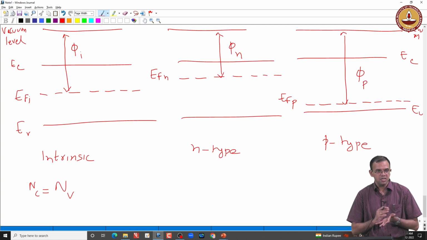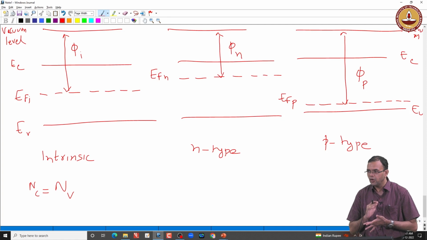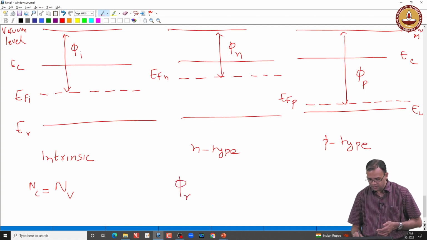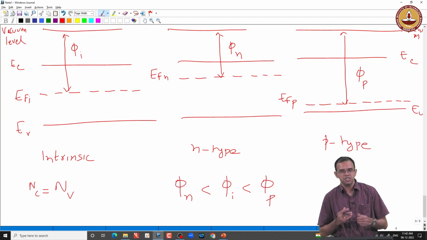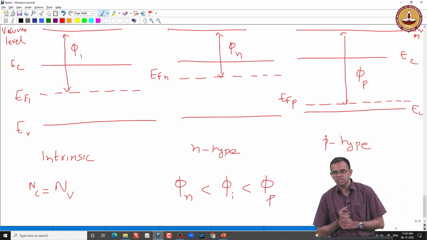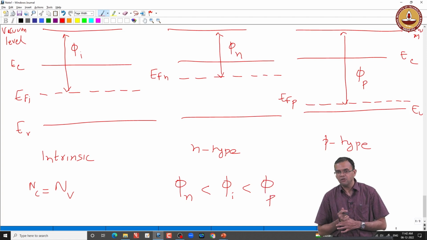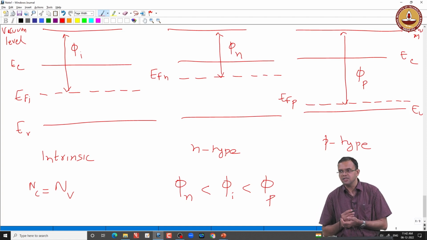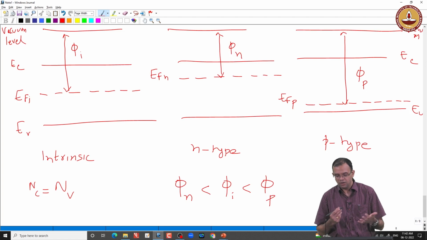One is intrinsic, one is n type, one is p type, and then you can clearly see that phi n is less than phi I is less than phi p. So essentially the work function will change depending upon the nature and the type of the dopants that you would have in your particular semiconductor. And I thought that's again something that you should be aware of.